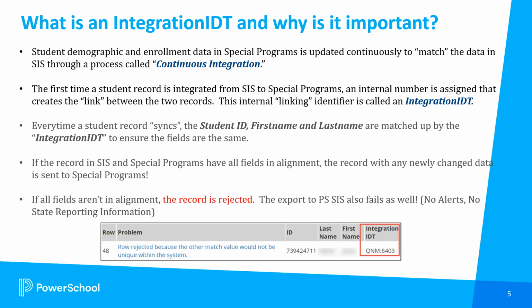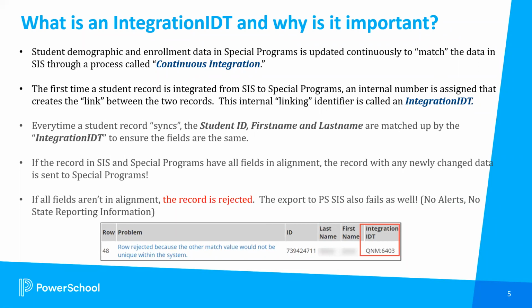That is the internal authentication process that we go through to make sure that data from one student isn't overriding the wrong student. That works really great when everything is in alignment. But if they're not in alignment and any one of those fields does not match or authenticate against each other, it rejects the rows.